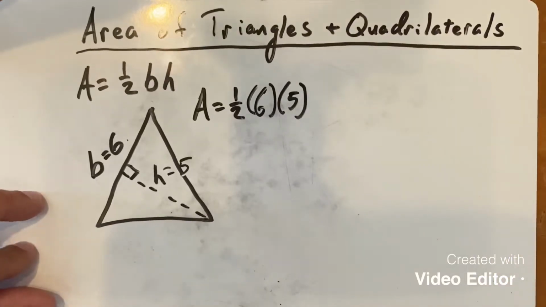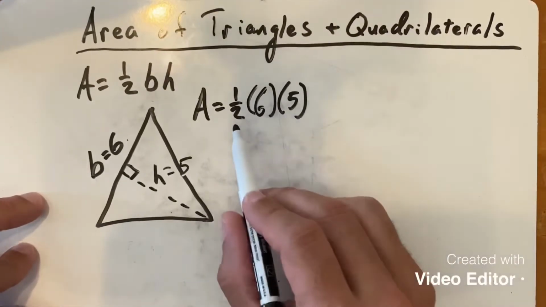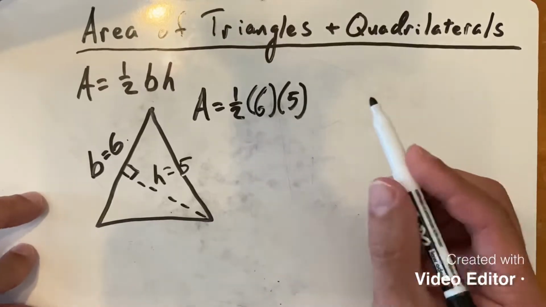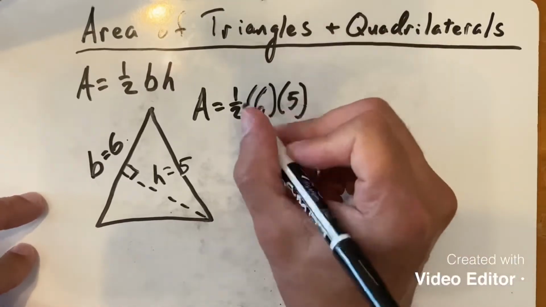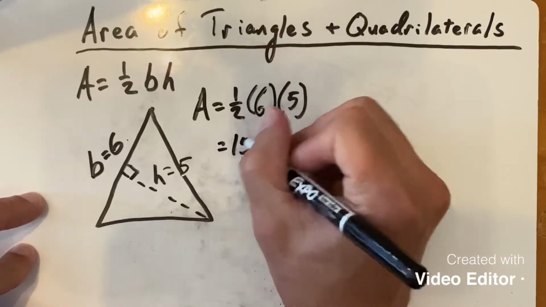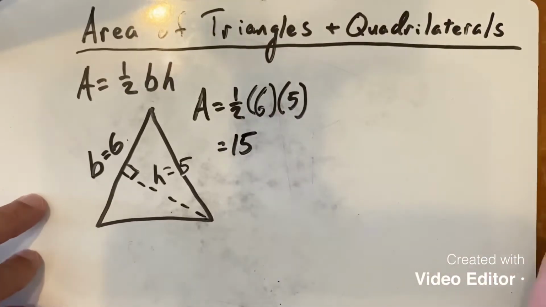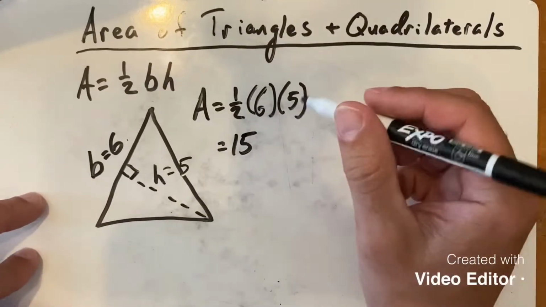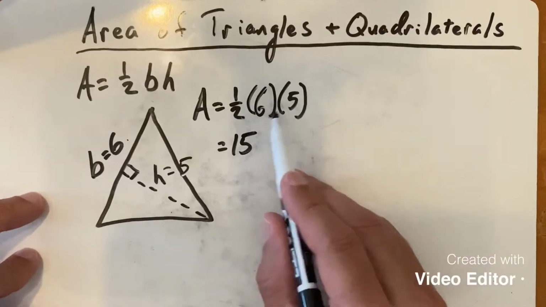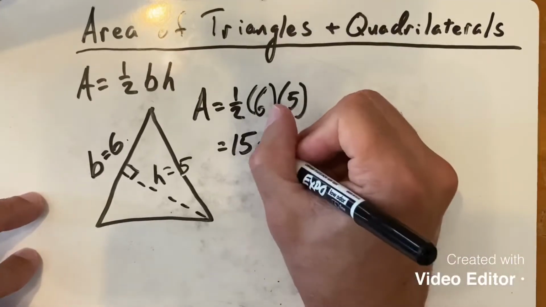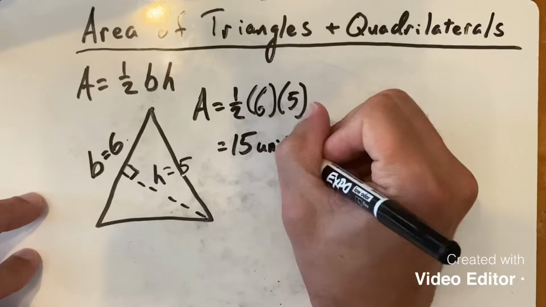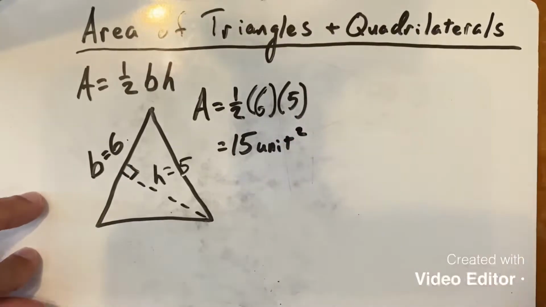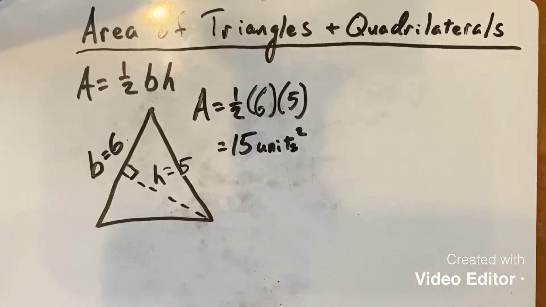So 1/2 times 6 is 3, and then 3 times 5 is 15. And don't forget, when we're finding area, we're talking about square units because we're doing units times units. So in this case, we'll say 15 units squared, or square units. That's the area of a triangle.